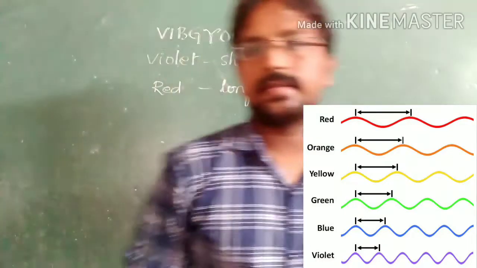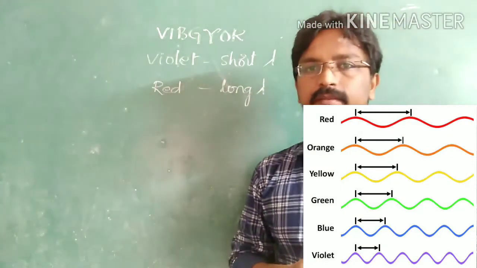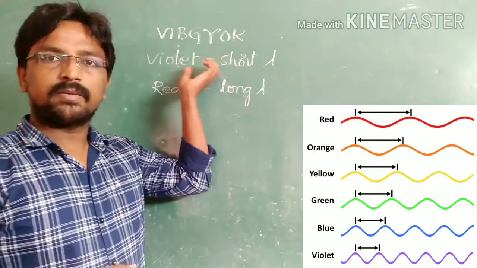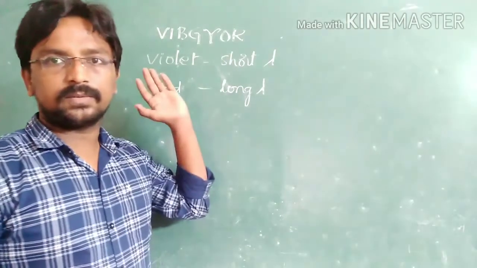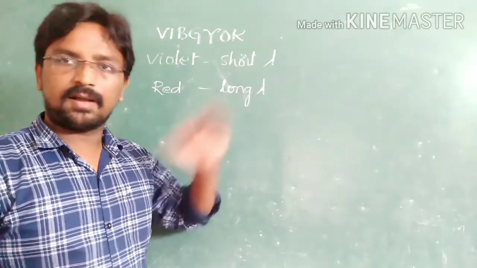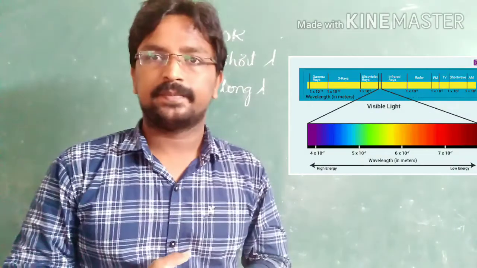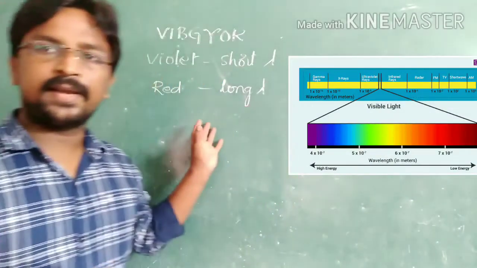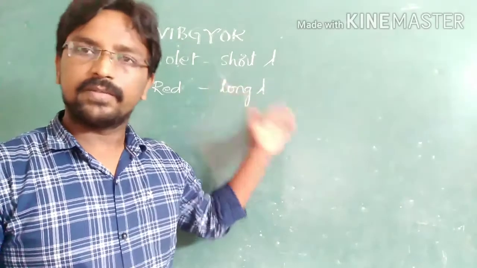The remaining colors are present between violet and red. Moreover, all the 7 colors are visible to the human eye. For the human naked eye all the colors are visible.